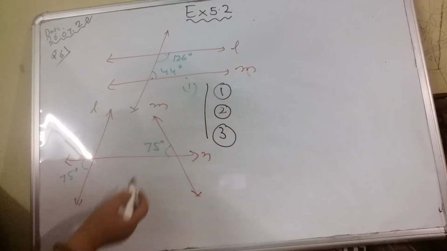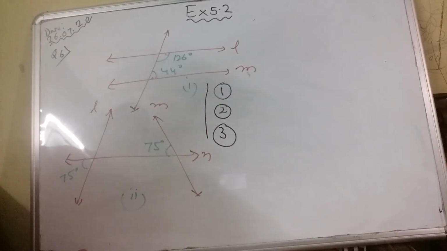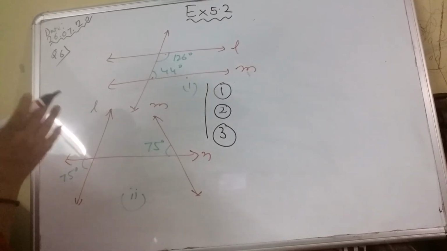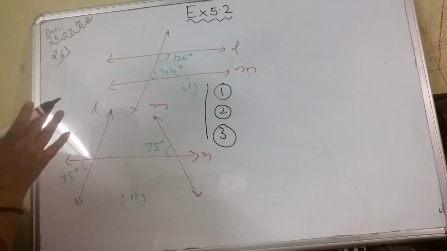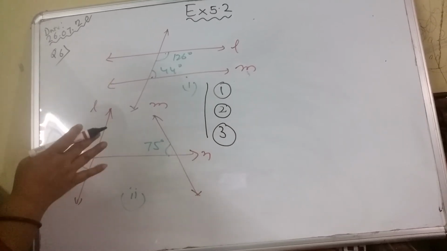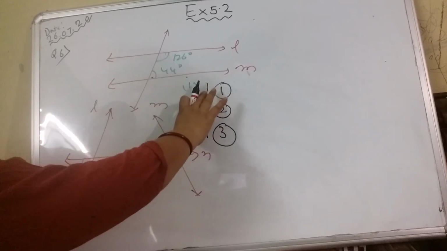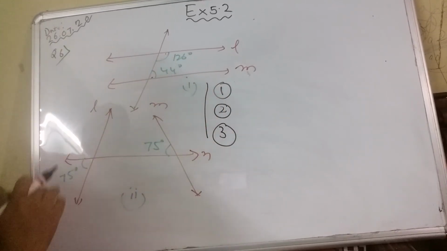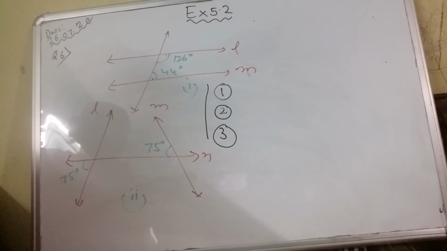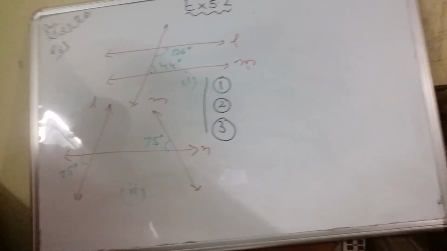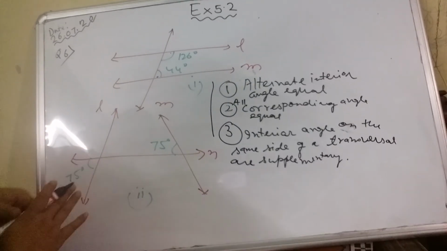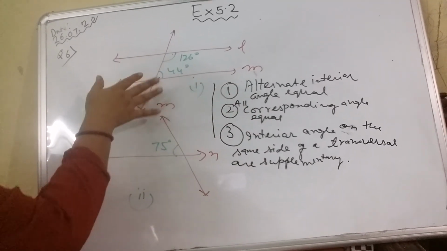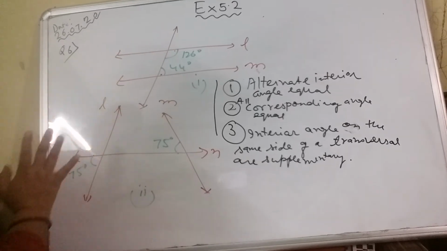These are the three properties you have learned when parallel lines are cut by a transversal. Now we will use them in reverse. If these properties are fulfilled, then we can call these lines parallel. If any one condition is fulfilled, then we can call these lines parallel.